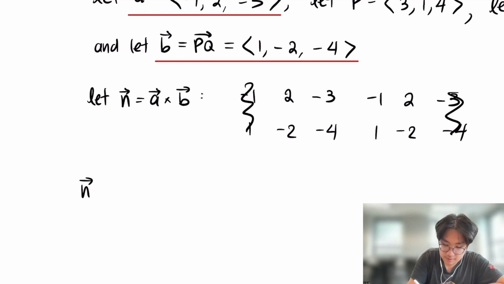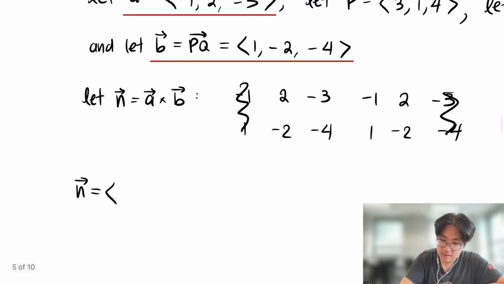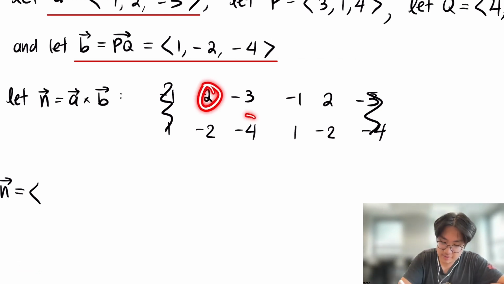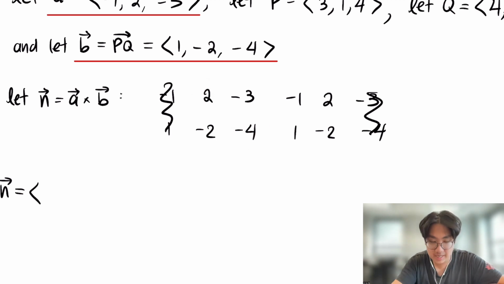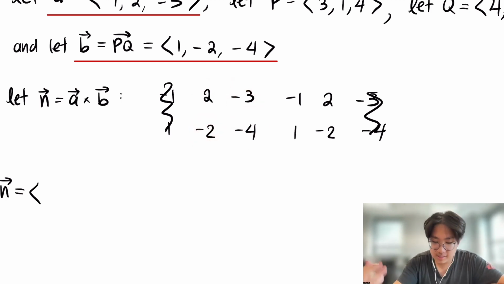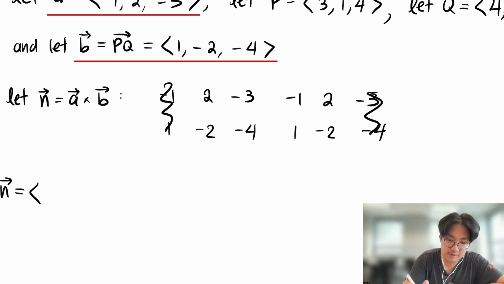And then from here, we can compute what n is equal to. I'll just do this sort of in my head. You have 2 times -4, which is -8, minus -2 times -3, which is +6. So you have -8 minus 6, so you have -14.